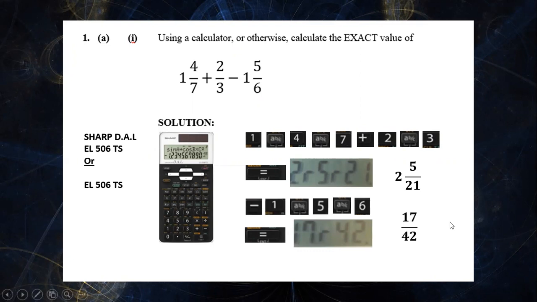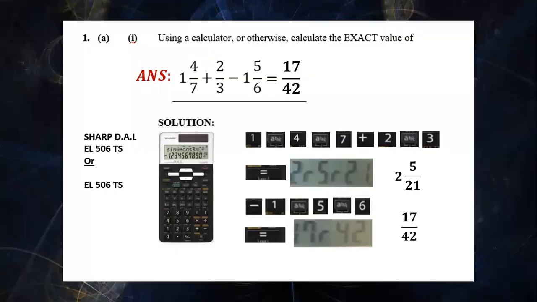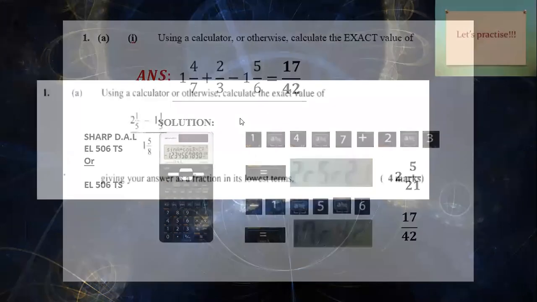It means 17 over 24, and the final answer is 17 over 24. Any questions there? Awesome. If you got that, good job. If you didn't, simply go back into the recording and check your command line again. All right, let's move on.